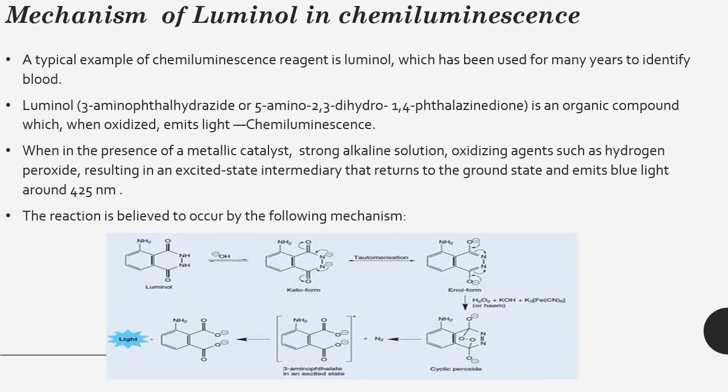The iron present in the heme unit of hemoglobin in the blood acts as a catalyst in this reaction. The room must be dark, and if blood is present, a blue glow lasting for about 30 seconds will be observed. The forensic investigators record this glow by using photographic film, which can be used as evidence in court for the presence of blood at the crime scene.